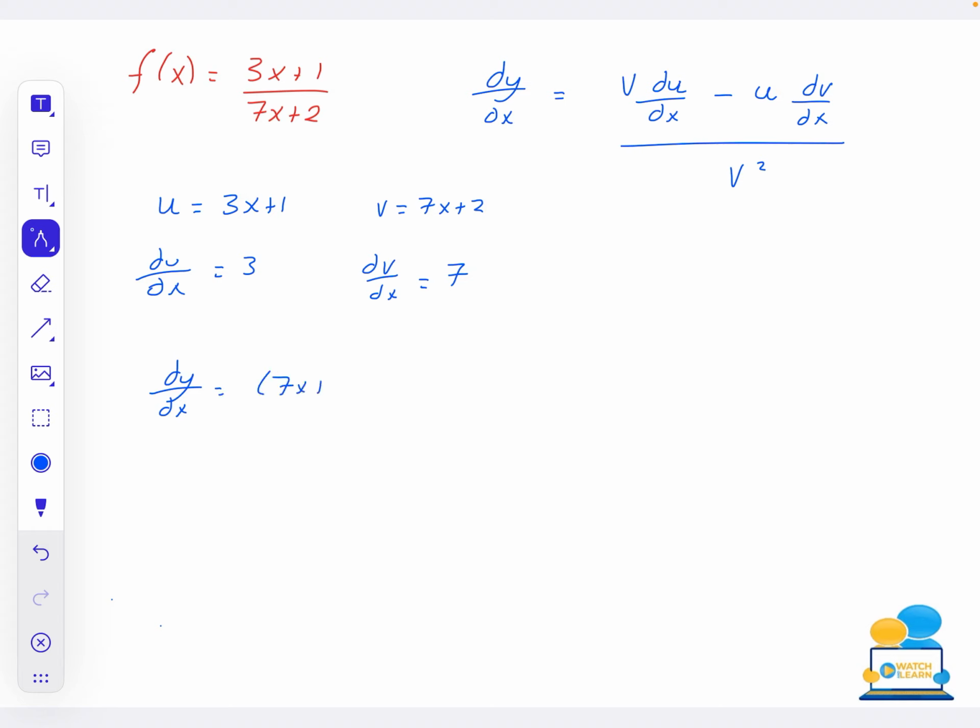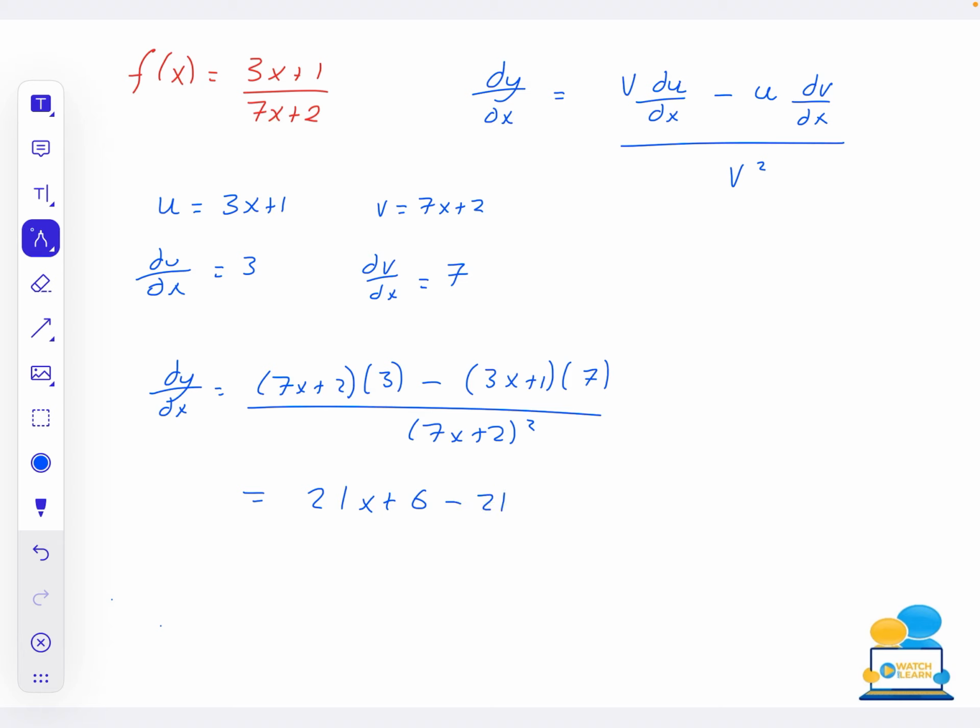So now all that's left to do is fill it into my formula. So dy dx is equal to v, which is 7x plus 2, multiplied by 3, minus u, which is 3x plus 1, multiplied by dv dx, which is 7, all divided by 7x plus 2 to be squared. Tidy up the top a little bit, we will get 21x plus 6.